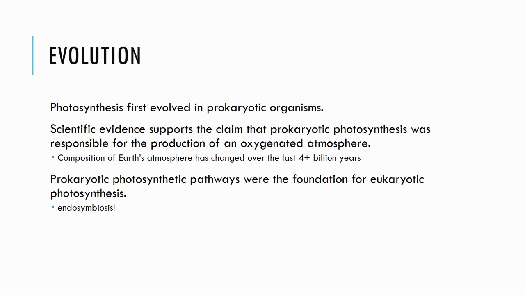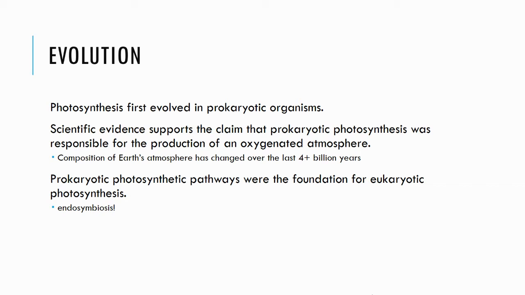And then some sort of pre-eukaryotic cell consumed that thing, and instead of it being destroyed, the cell somehow figured out it was super useful to have a chloroplast or a mitochondria, and then that gave way to our eukaryotic pathways that we have now. We know mitochondria had to come first because all eukaryotic organisms have that, but not all have chloroplasts.